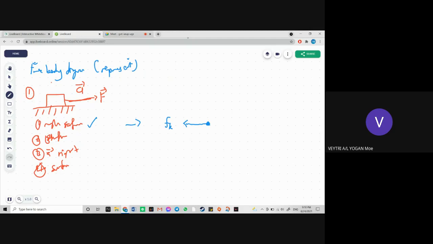Next, there is an external force to the right, capital F. Next, there is a surface. The moment there is a surface, the normal force is upwards. Why? Because the object is resting, so it is perpendicular, at 90 degrees. Next, for any object on Earth, of course there is a weight force.